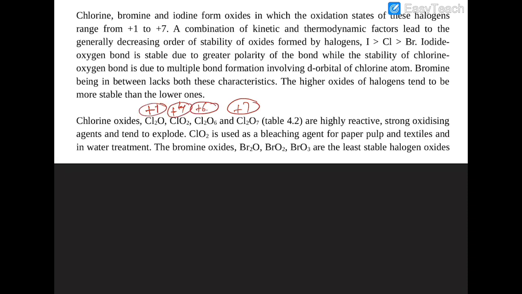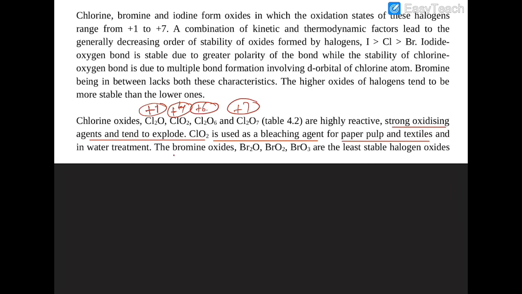Why? Being more covalent in nature. Strong oxidizing agent and tend to explode. Cl2O2 is used as a bleaching agent for paper, pulp and textiles. ClO2 is a better bleaching agent than chlorine itself.